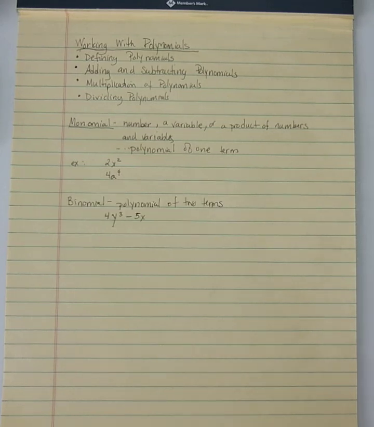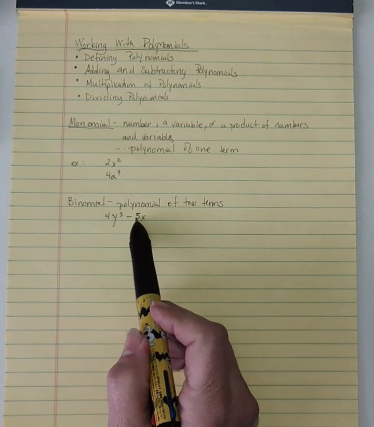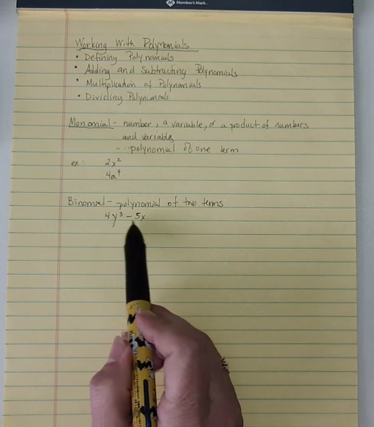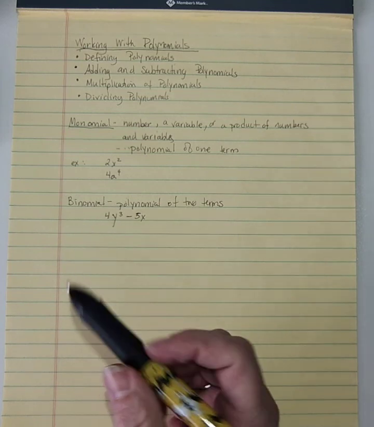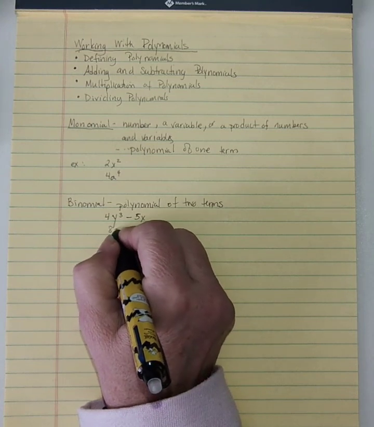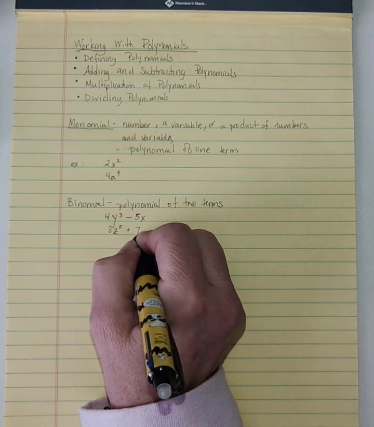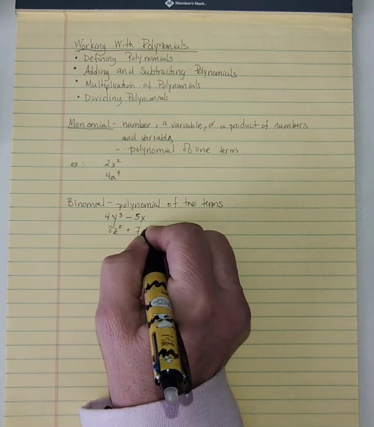And here's an example of a binomial: 4y cubed minus 5x. So it's two monomials hooked together with either a plus or a minus sign. So we could have 8z to the fifth plus 7x to the third.